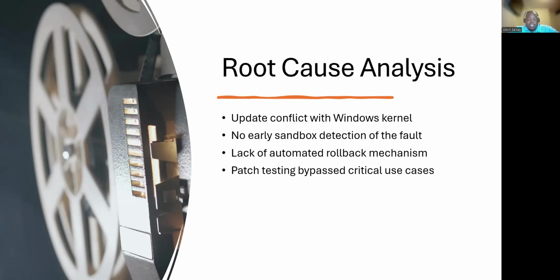This update was released without going through production level filters, which would have triggered for any issues found in the Windows update. Any simulated user environments should have triggered, and since it did not go through those filters, those triggers were not caught. This highlighted a systematic weakness in patch testing and deployment protocols.